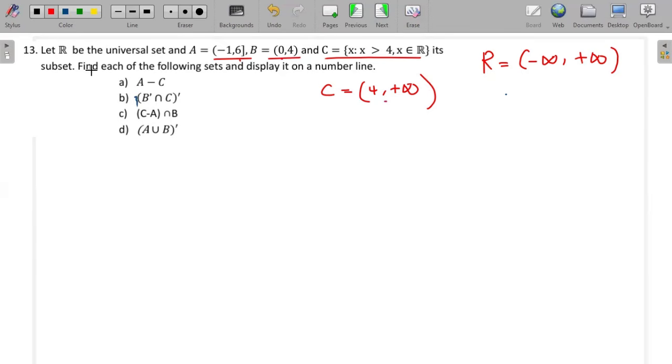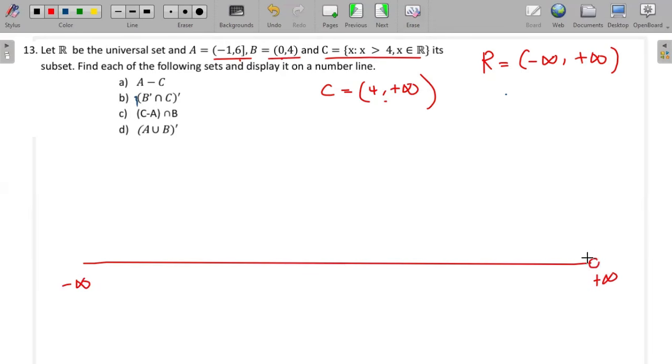To answer this, first of all you draw the universal set, from minus infinity all the way to positive infinity. We're not including positive infinity or minus infinity. The first question is A minus C. I've said a number of times, A minus C is the same as A intersection C complement.